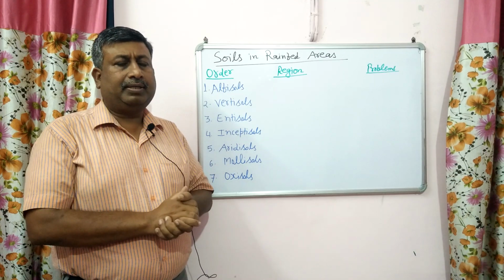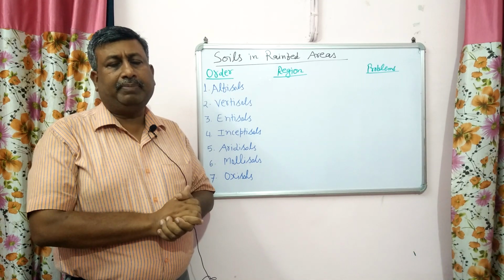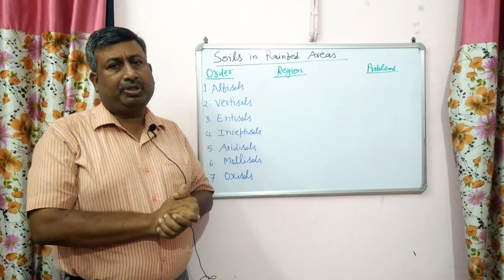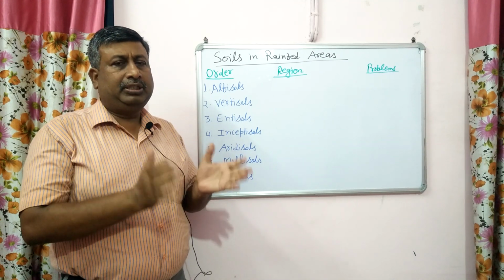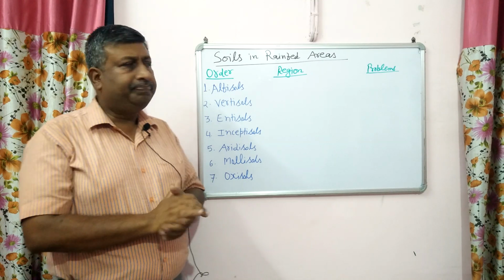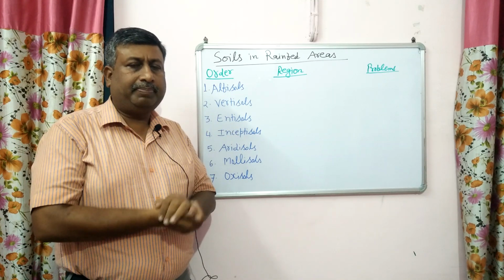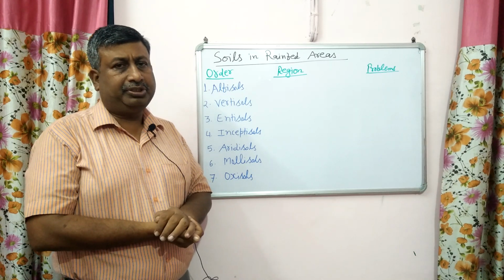In rainfed areas, crop production is totally dependent on rains. If rains are good, then production is good. If rain is deficit, then production is poor. In this area, irrigation facilities are not available in general. So that's why the dependence is on the rainfall pattern and distribution.